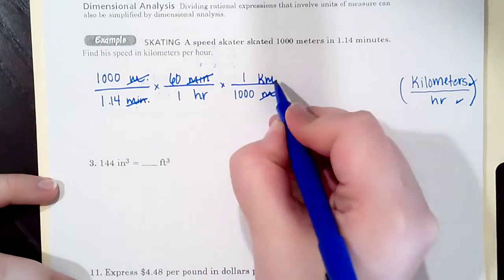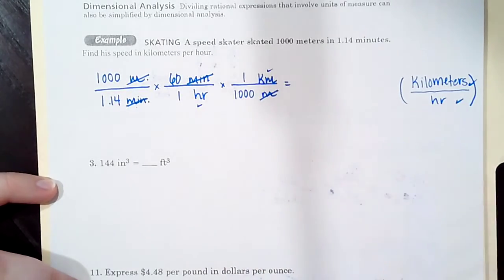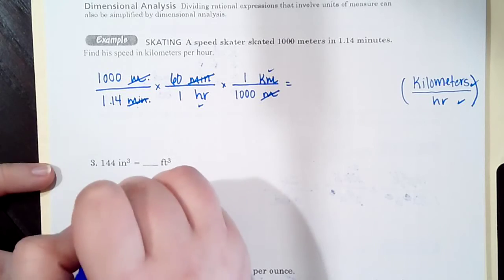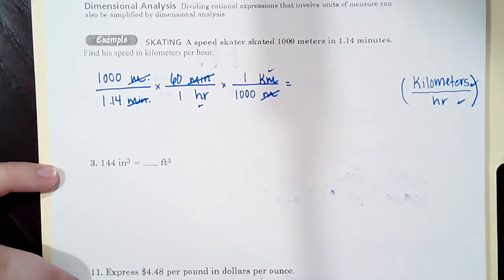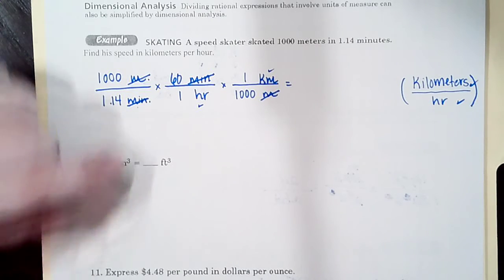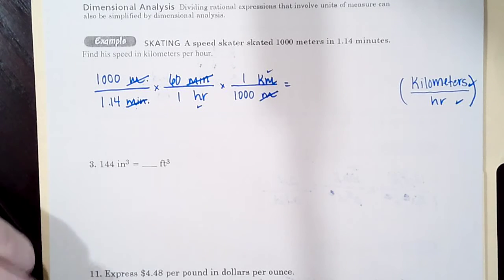So now that I've got my units, kilometers and hours, all I'm going to do is multiply across. I have 1,000 times the 60, and I have 1 times 1,000. But one of the cool things about this is that the same way that units will cancel out, so will numbers if they're divisible.